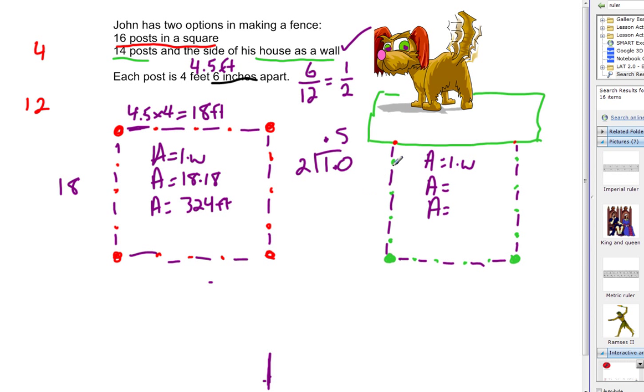So we have 1, 2, 3, 4, 5 sections of fencing, so each of these is going to be 4.5 times 5 feet long. So that's going to be 22.5 feet. So it's going to be 22.5 by 22.5.